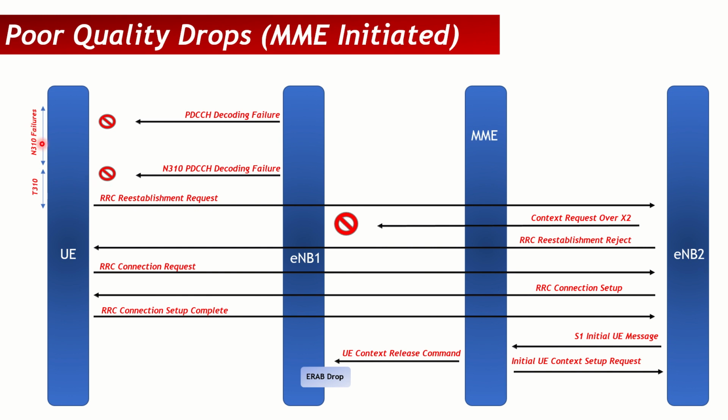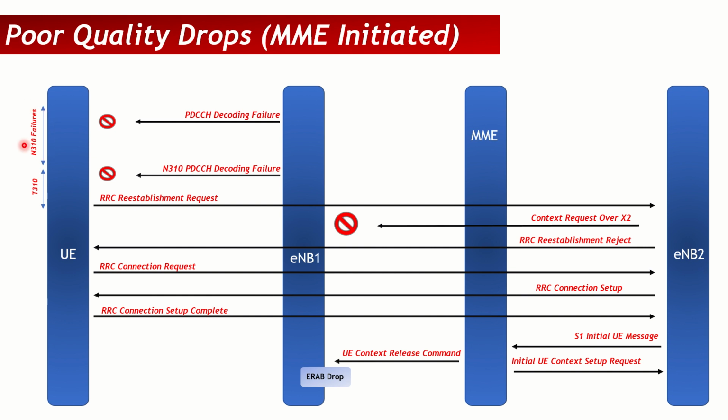Let's say my N310 has a value of 5 and my T310 is a value of 200 milliseconds. So what will happen is, the N310 we know is 200 milliseconds, then 210 will be 2, 220 will be 3, 230 will be 4, and 240 will be 5.